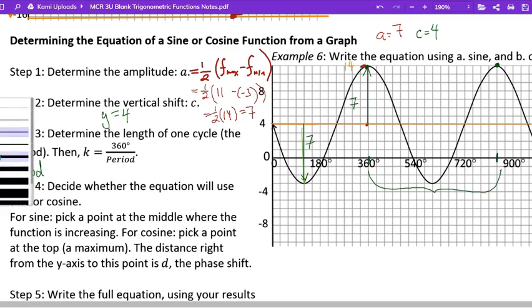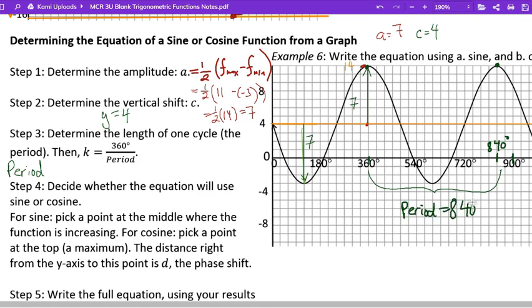This is 900. This is going to be 60 short of 900, 840. So to find the period, I'll go 840 minus 360.